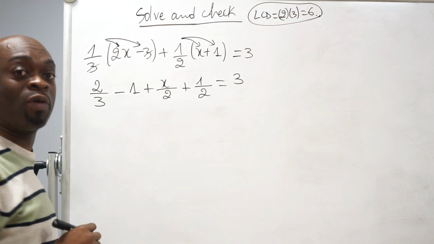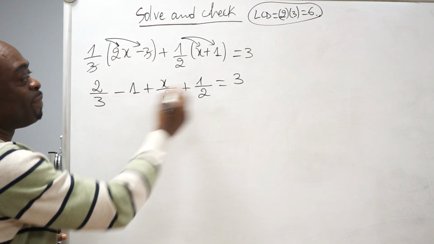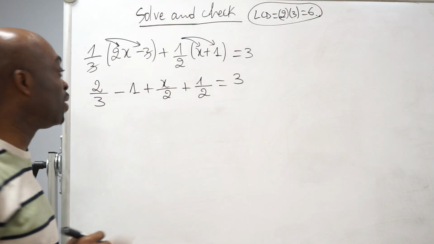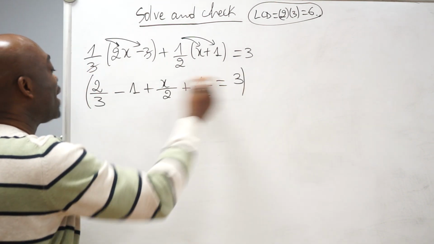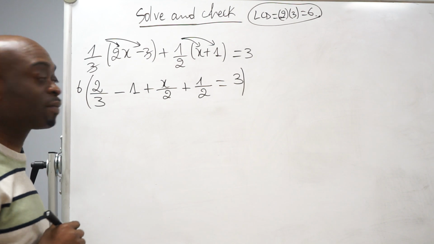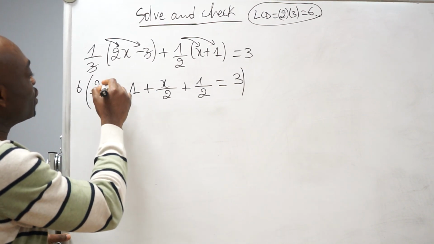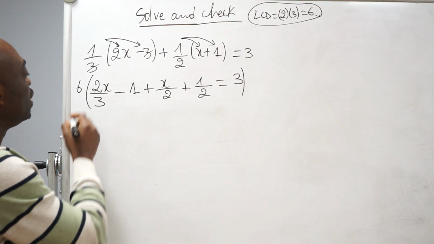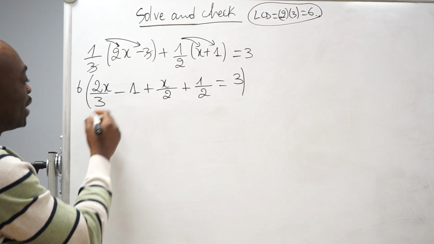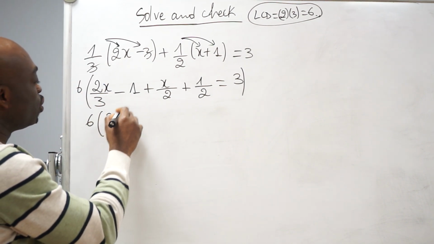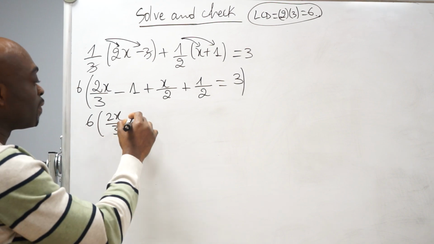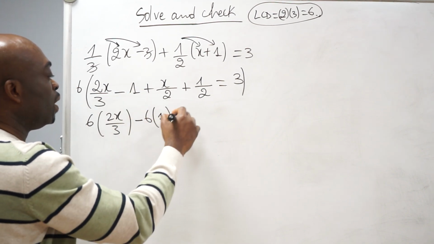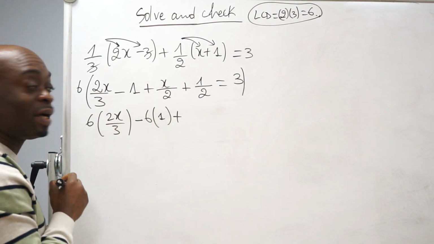All right? So what are we going to do then? So we're going to take that 6 and multiply the whole equation. We mean the whole equation, ladies and gentlemen, okay? So let's go back. So we got 6 here. All right? So what we're doing is, so don't forget about the x here. Bingo. Okay, be careful. So it's 6 times 2/3 of x minus 6 times 1 plus 6 times x over 2, right?